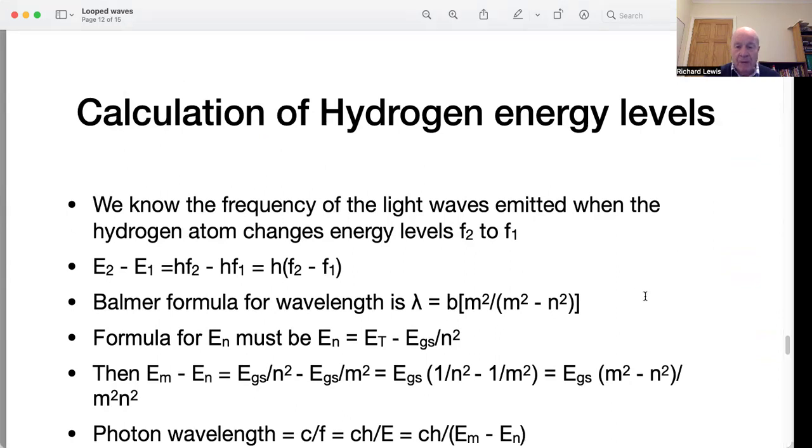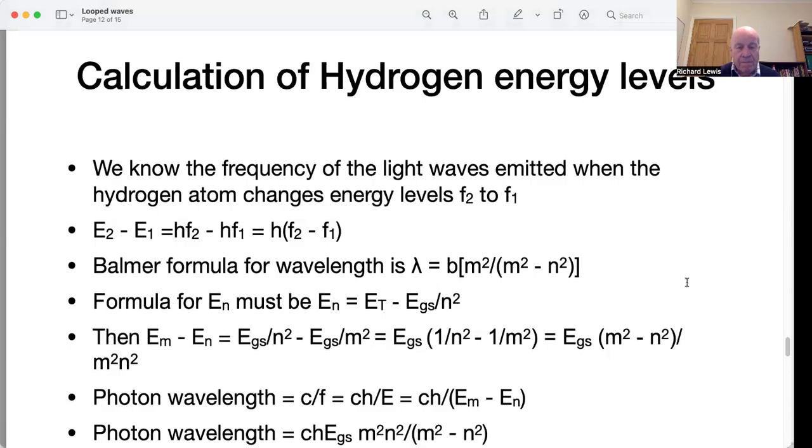That's the Balmer formula for the wavelength of the light which is emitted by hydrogen. And what he found was that he could reproduce all the different characteristic wavelengths of light coming from hydrogen by this formula where m and n are integers.